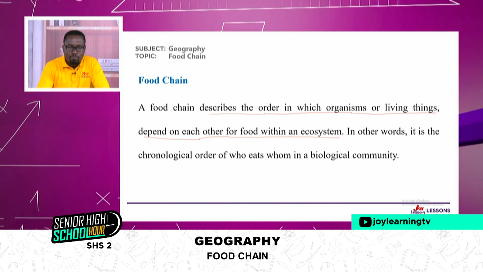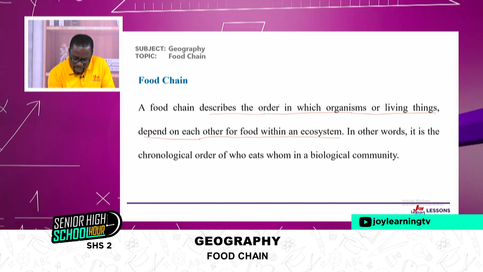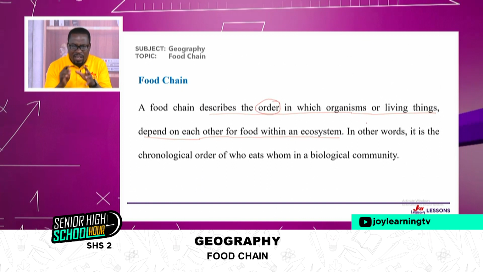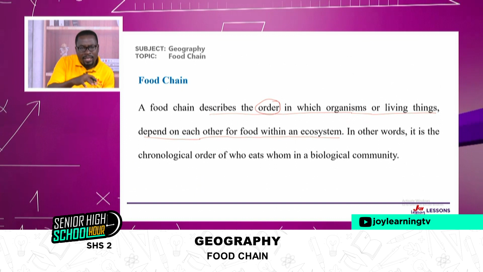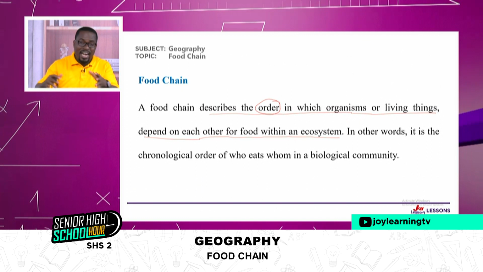So, talking of food chain, we are talking of the order. This word is very, very important. The order in which organisms or living things depend on each other for food in their environment.